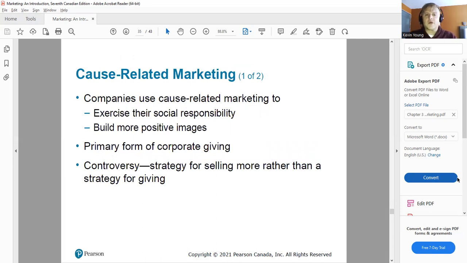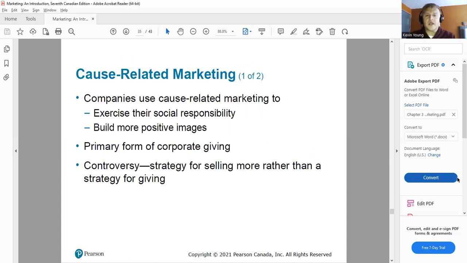Cause-related marketing. Companies use cause-related marketing to exercise their social responsibility as well as to build their own positive image or brand. The primary form is corporate giving. Here's a check. There you go.